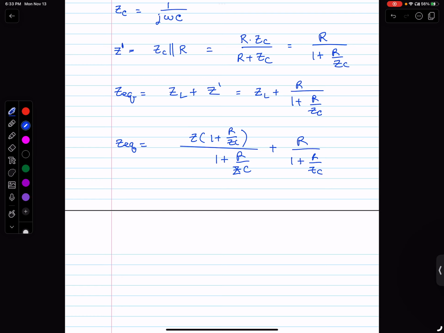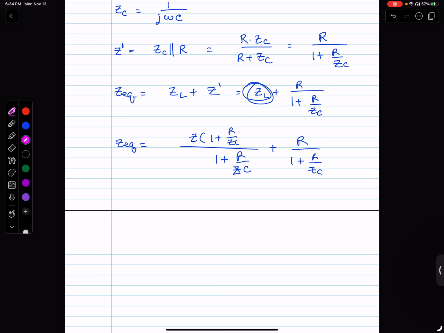Okay, all I have done is to take the least common multiplier, or just multiply this ZL by this term on the numerator and the denominator. I have not done anything. I have just simply done a mathematical jugglery.